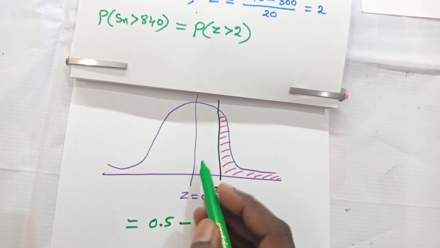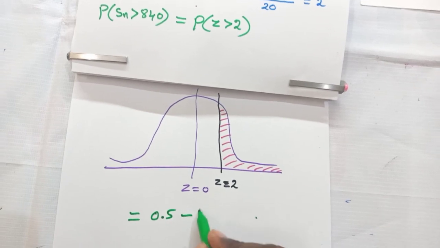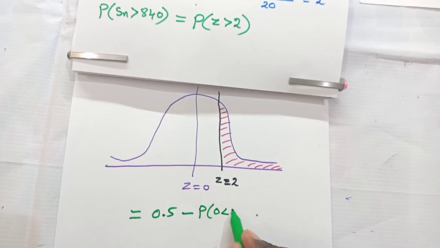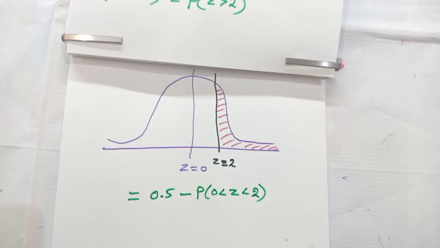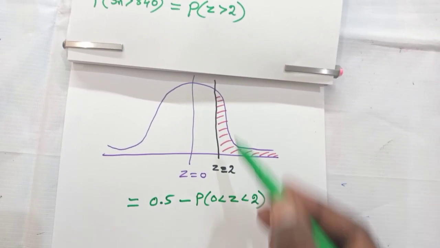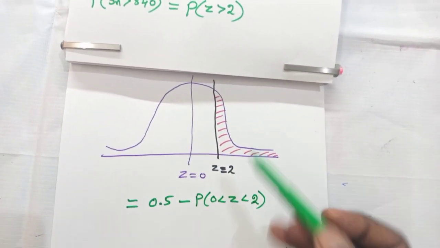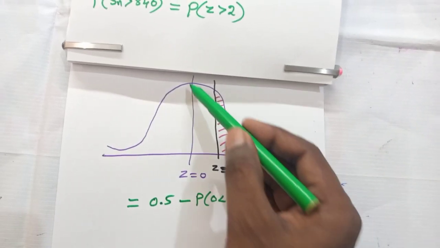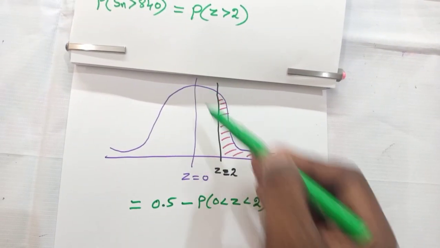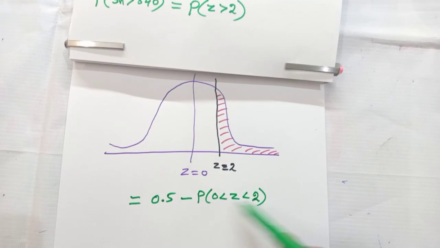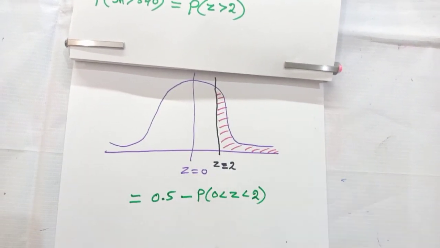The unshaded area is from 0 to 2, so P of 0 less than Z less than 2. So 0.5 minus this is the shaded region. Are you clear? The area of the shaded region is 0.5 minus the unshaded region.